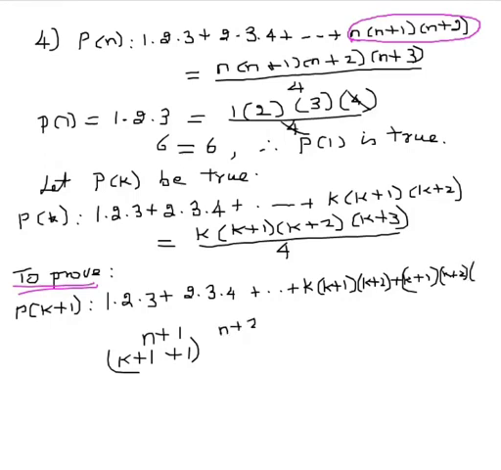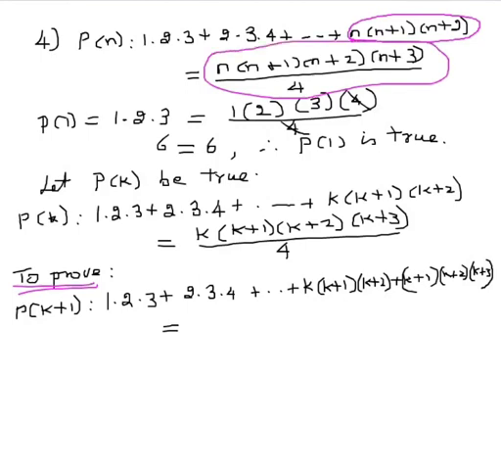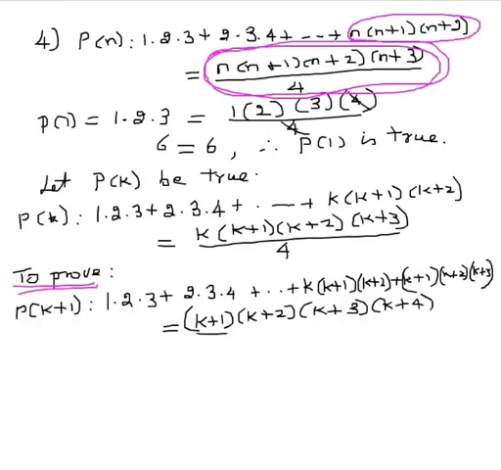And then n plus 2 becomes k plus 1 plus 2, which is k plus 3. Equal to, now we have to substitute k plus 1 for n here in this step. It becomes k plus 1 times k plus 2 times k plus 3 and last term is k plus 4 divided by 4.